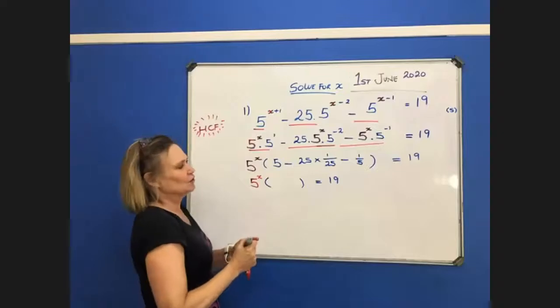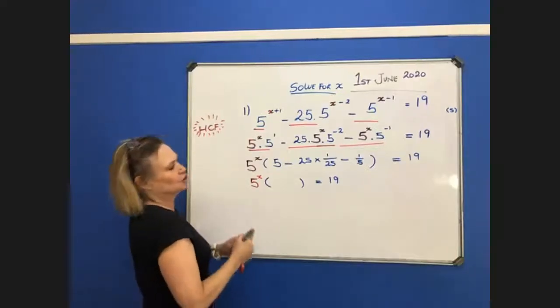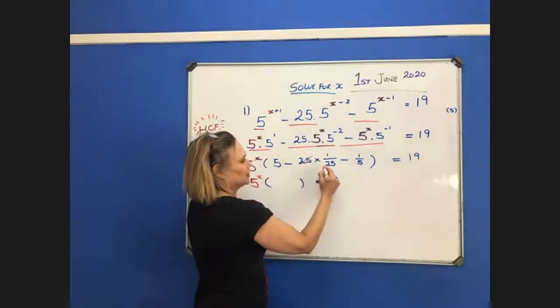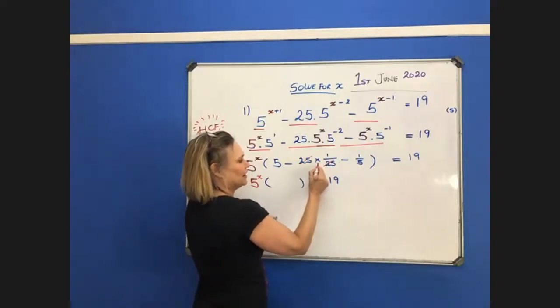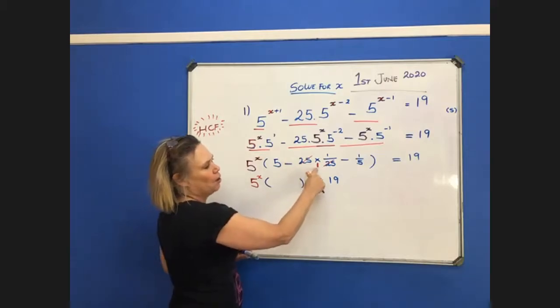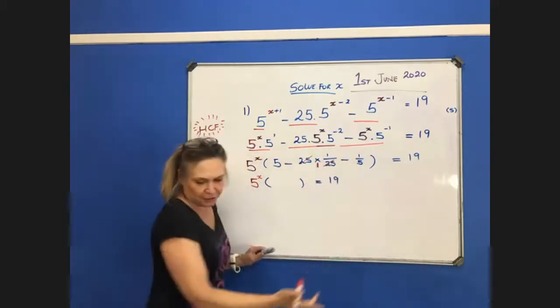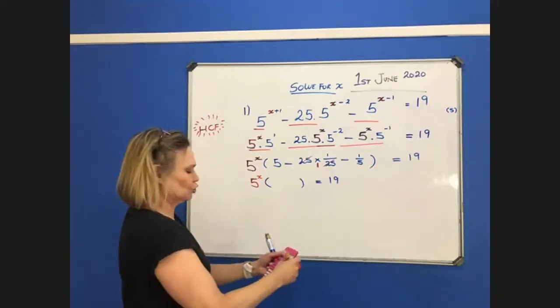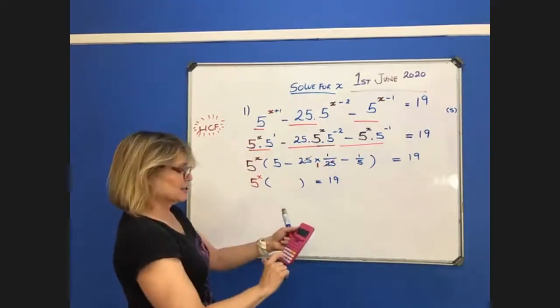Now, just for interest, you could cancel that 25 with that 25 and have a 1 there. So you have 5 minus 1, which is 4, and 4 minus a fifth. But it's probably easier, if you don't mind, just to use the Casio, because our brains are all a bit dead.